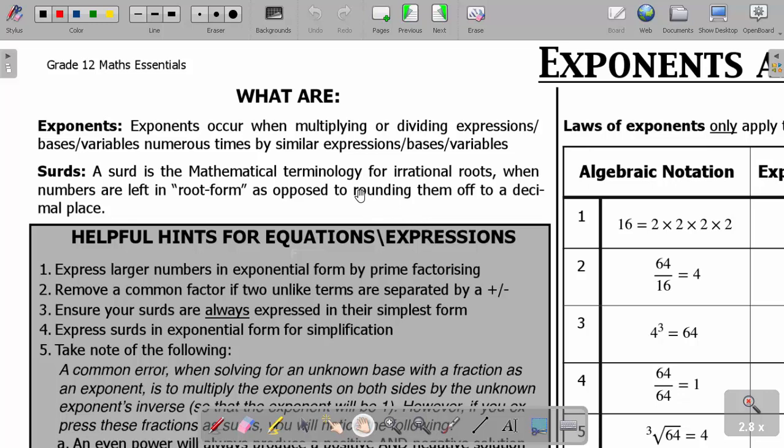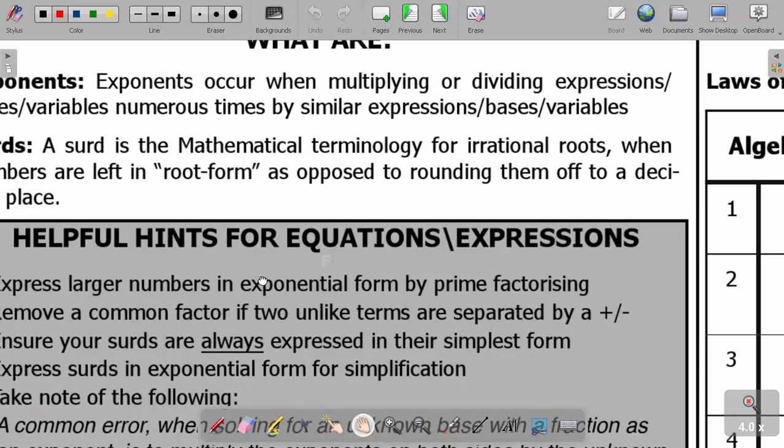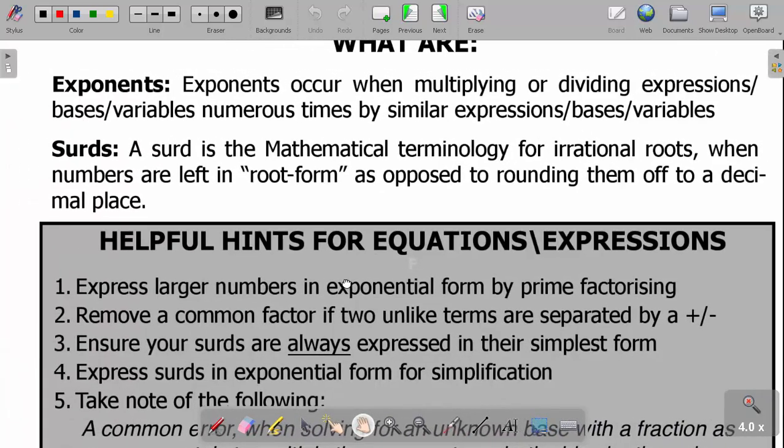Thank you. Now it's a continuation of video 1, question 1. Today we're looking at the exponents and the SURDS. So what are exponents? Exponents occur when multiplying or dividing expressions or bases or variables numerous times by similar expressions or bases or variables.